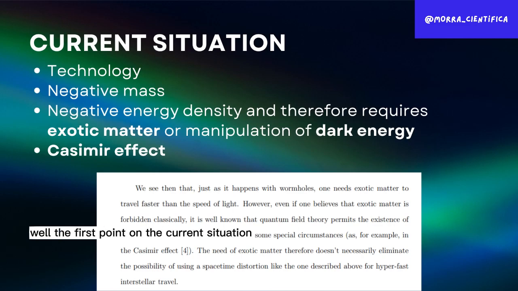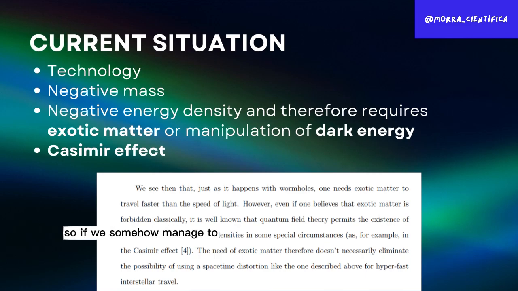So, the first point on the current situation is that we still do not have the technology to store or to generate that amount of energy. The second one, negative mass, is off the table, but negative energy is still a possibility if you look into exotic matter or dark matter.